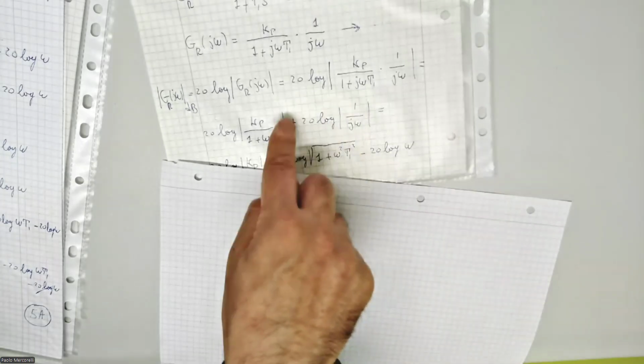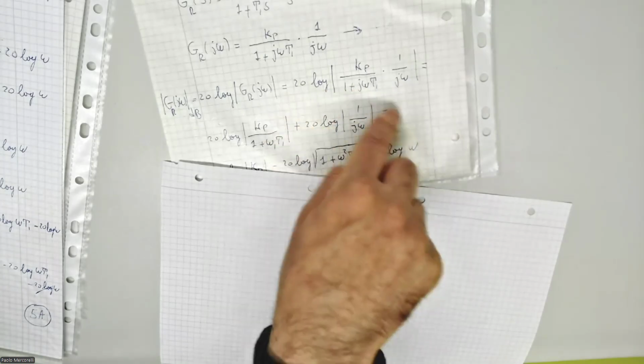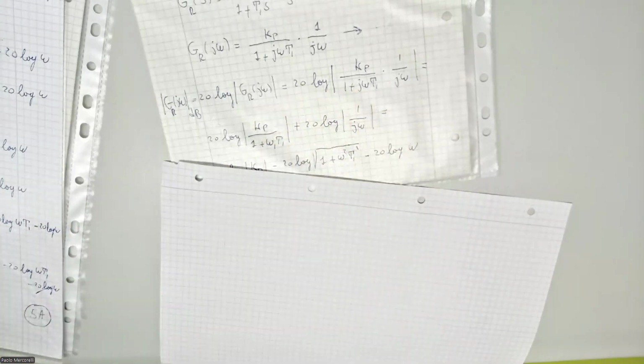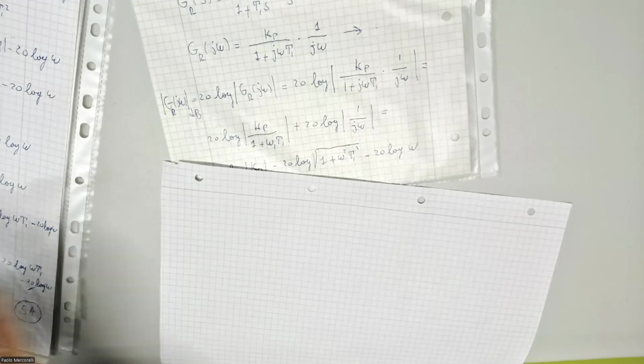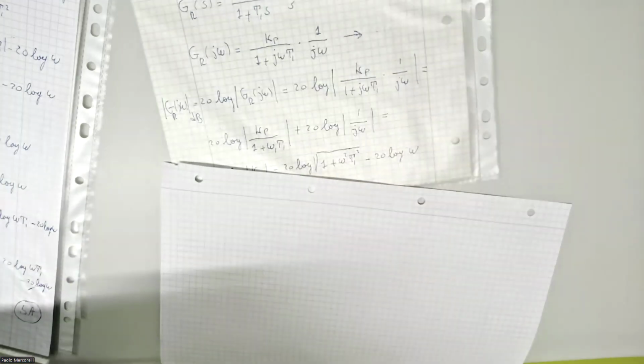Why that? Do you remember the magnitude of j omega is omega? The logarithm of 1 divided by j omega is basically minus log of omega. Omega is always positive.